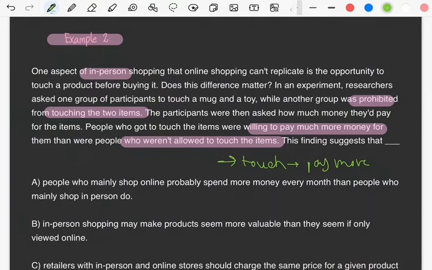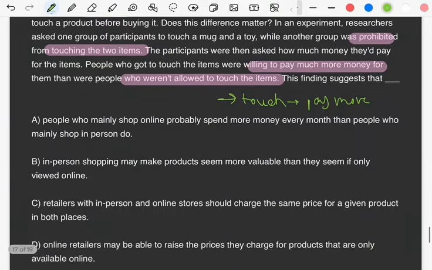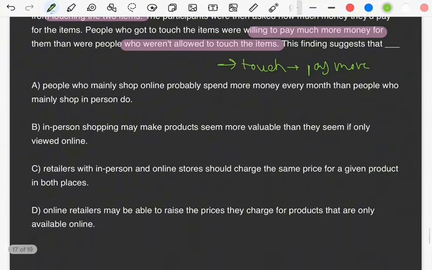Now predicting the answer, I can say that it can be about touching products makes people value them more, or in-person shopping makes products seem more valuable than online shopping. That is what we wait for. So now let's go to our answer choices and just eliminate wrong options.